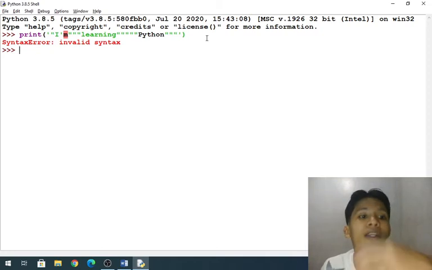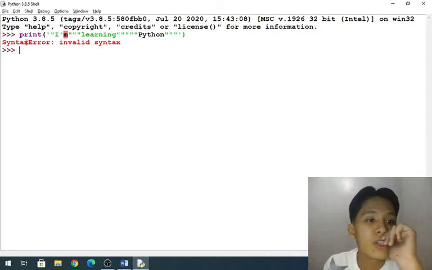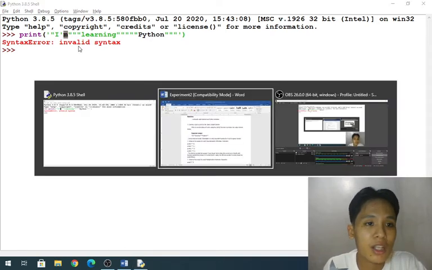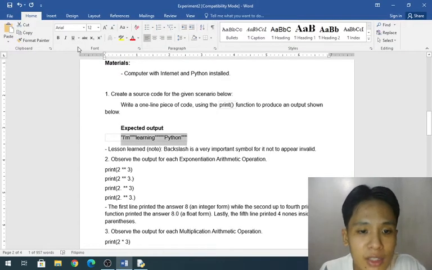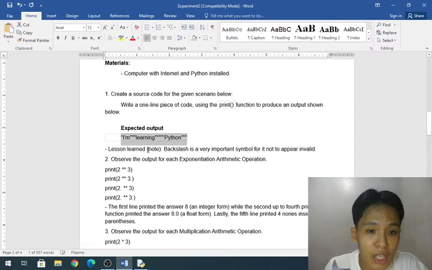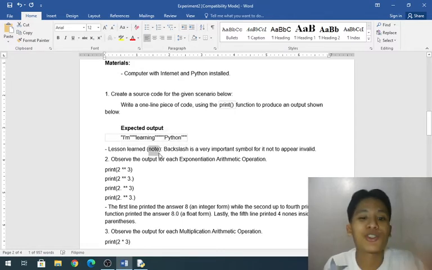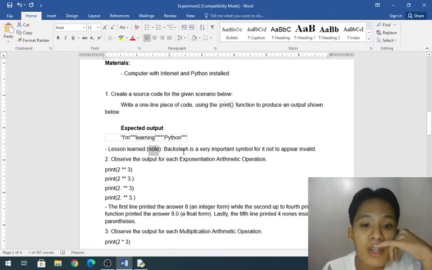There you have it. As you can see, syntax error, invalid syntax at M. But how can we resolve this? I put a note in lesson learned. So I learned that backslash is a very important symbol for it not to appear invalid.